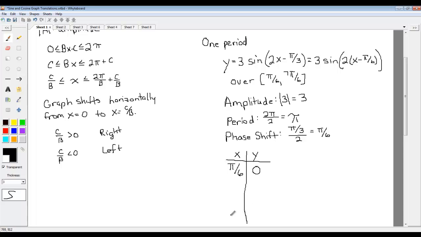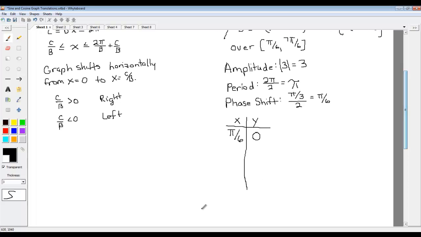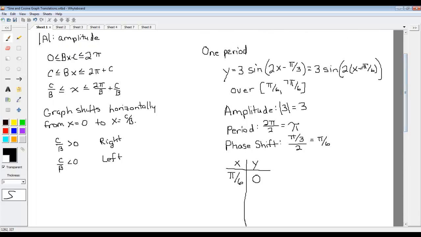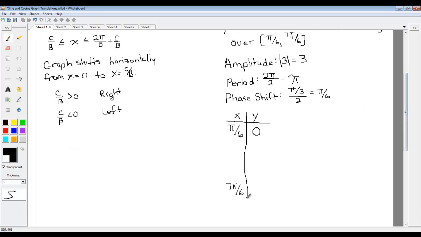Then we go all the way to 7 pi over 6, our last point in the interval. 7 pi over 6 minus pi over 6 gives you 6 pi over 6, or pi. 2 times pi is 2 pi, and the sine of 2 pi is 0 again. So it's like we're starting over.